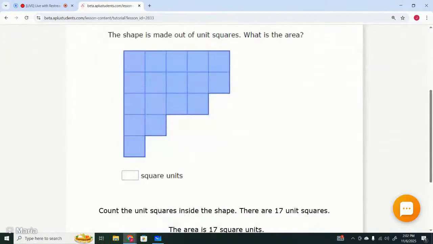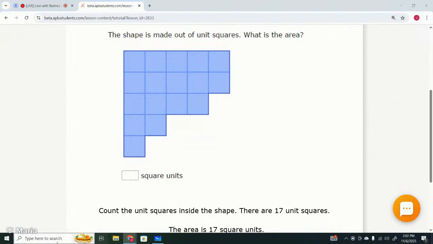The shape is made of unit squares. What is the area? You need to calculate the area of the shape, right? You need to count the unit squares in the shape. So the shape is made up of how many squares? 1, 2, 3, 4, 5, 6, 7, 8, 9, 10, 11, 12, 13, 14, 15, 16, 17.